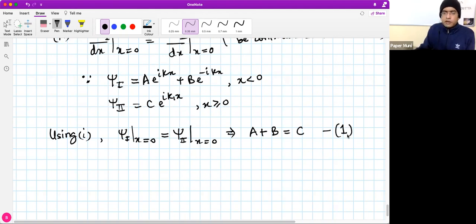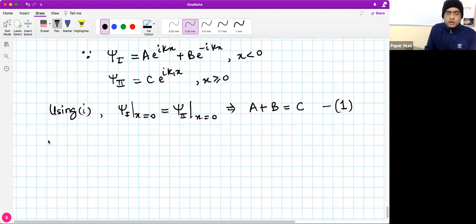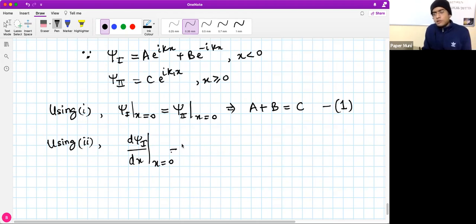Now what else do we have? The next boundary condition. I am doing everything for the step potential because you'll get a feel of what happens in the whole process, and we'll just transfer this knowledge to solve the other situations.